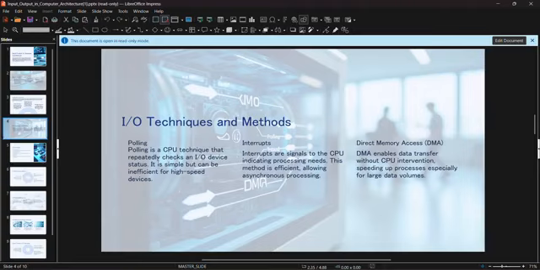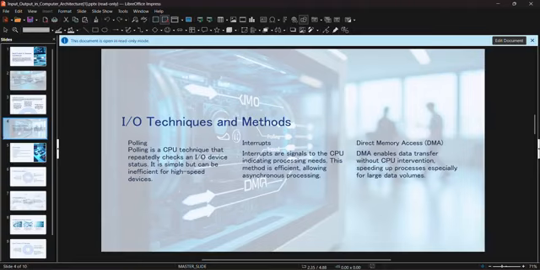Now moving on to the interrupts. The interrupts are signals to the CPU indicating processing needs. This method is also very efficient, allowing asynchronous processing. We'll get to asynchronous processing shortly.